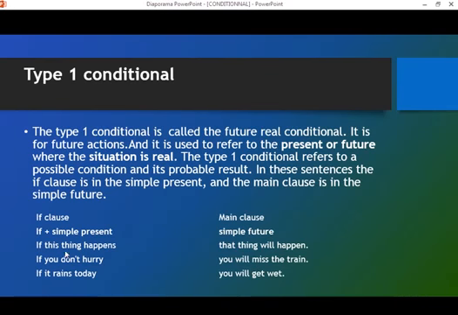That is to say, if this thing happens in the future, that thing will happen. For example, if you don't hurry, you will miss the train. If it rains today, you will get wet.